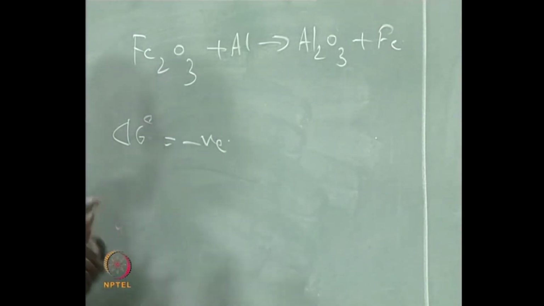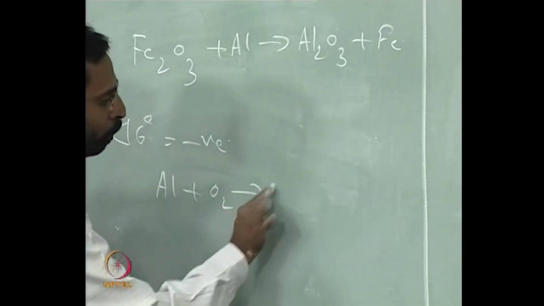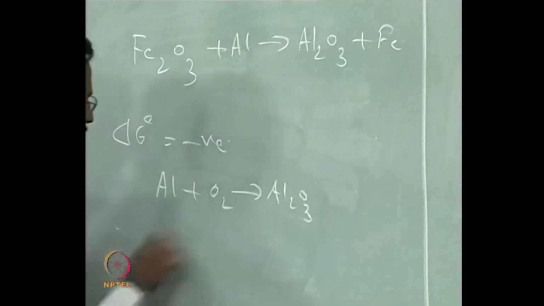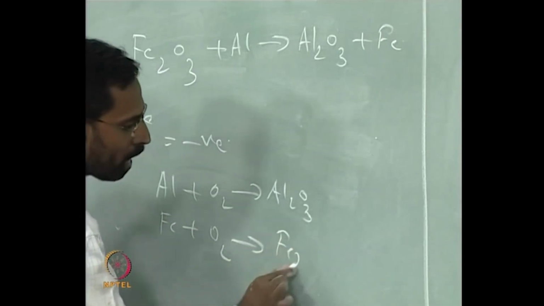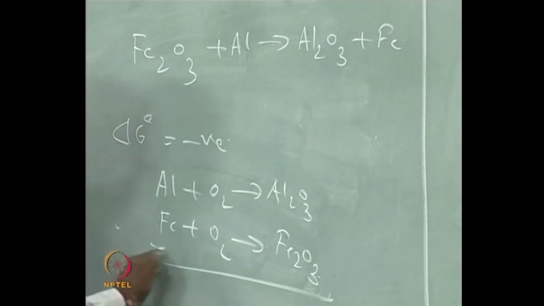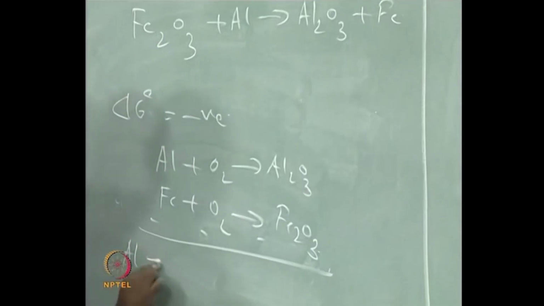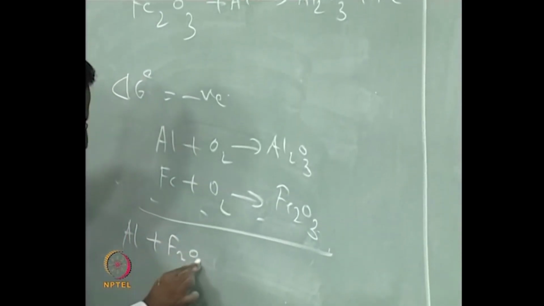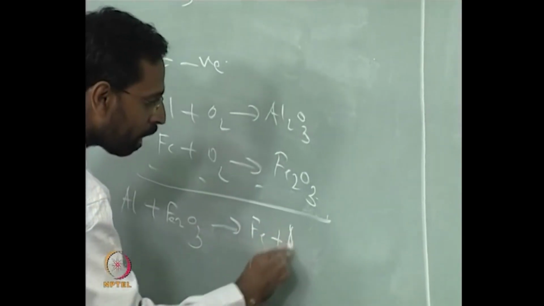So you can see such reactions happening, and for that what you need to do is find out the free energy of aluminum getting oxidized to Al2O3 and the free energy of iron getting oxidized to Fe2O3, and then find a combination of these two reactions, taking one of them negative, so I will know aluminum plus Fe2O3 will give you Fe plus Al2O3.